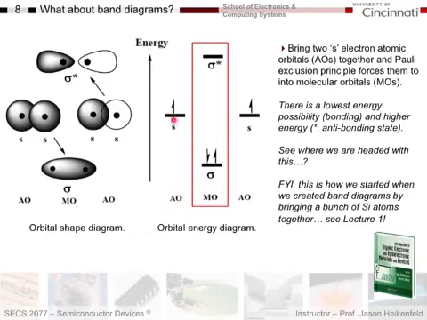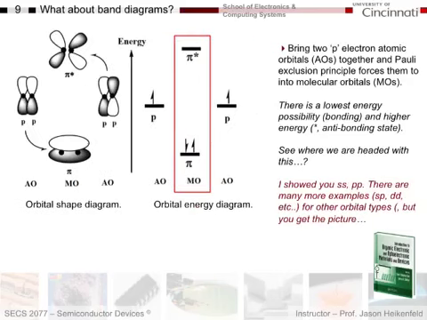Remember, this is atomic orbitals, meaning energy states for individual atoms. When you bring them together, you get a molecule, which has something called a molecular orbital, which has two different levels here. Now you can see where we're headed with this. This is starting to show us a lower energy level and a higher energy level, kind of like a conduction and a valence band. When I bond them together, all of a sudden a band starts to appear.